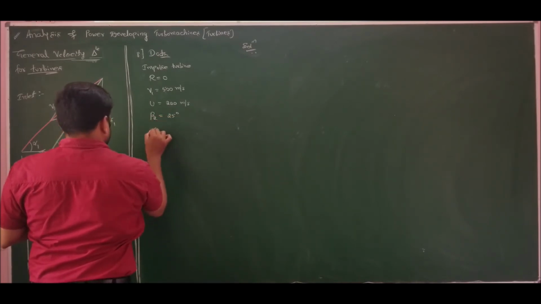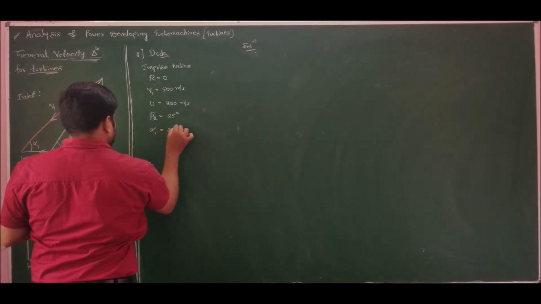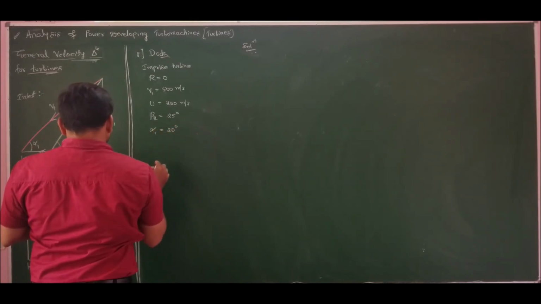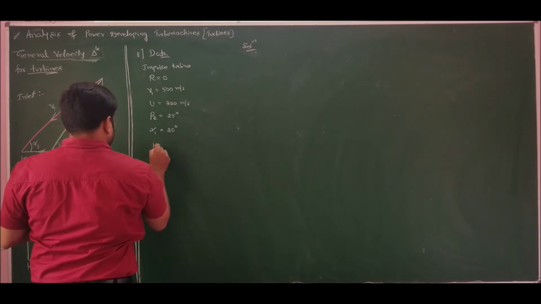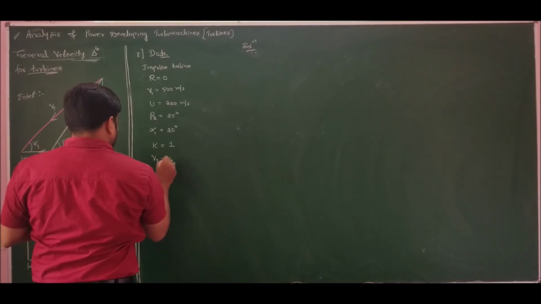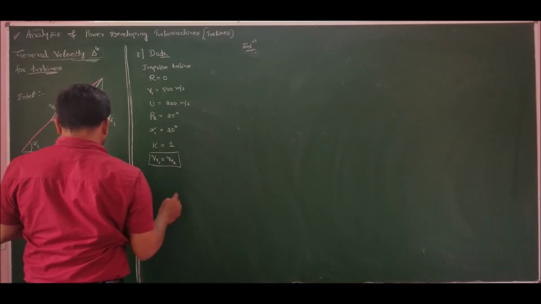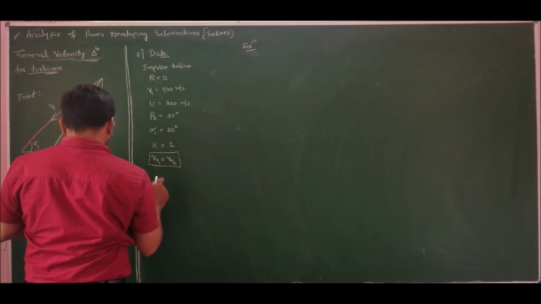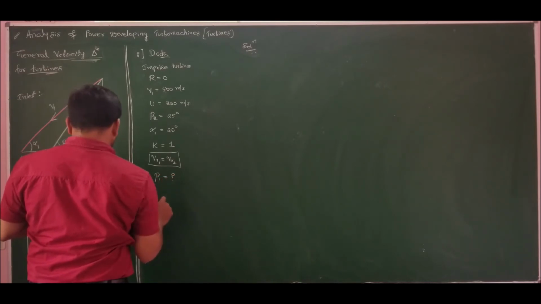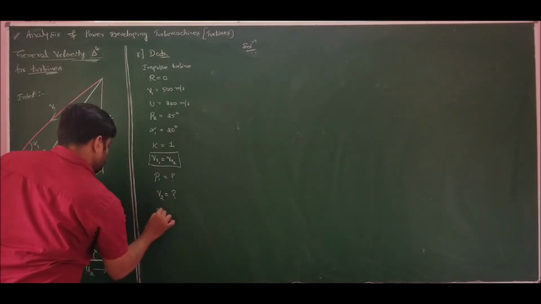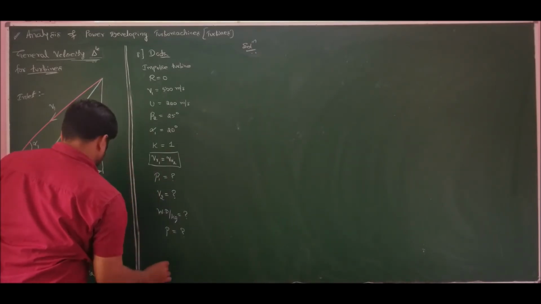Nozzle angle, that is alpha 1, is 20 degrees. Neglect effect of friction. If you neglect the effect of friction, blade friction coefficient will become 1. So therefore, VR1 will become equal to VR2 when you neglect friction. Calculate inlet angle of moving blade, which is beta 1, exit velocity V2, work done per kg of steam, power developed and diagram efficiency.